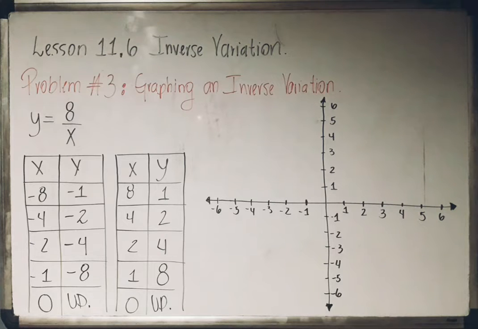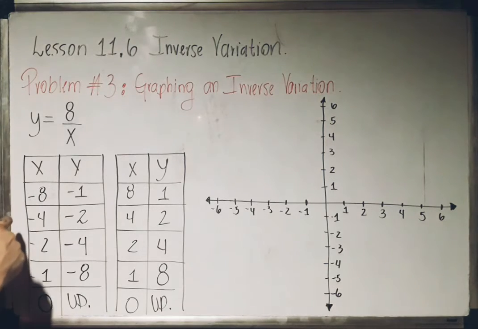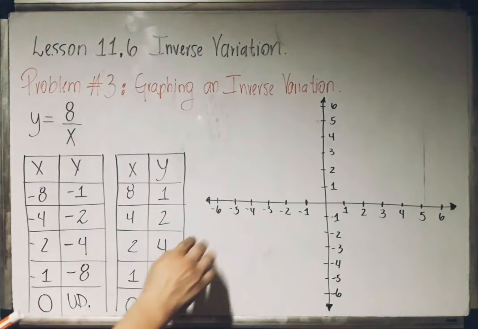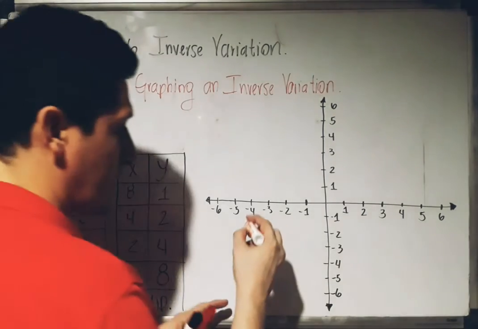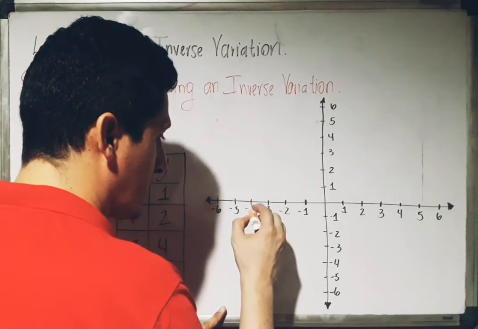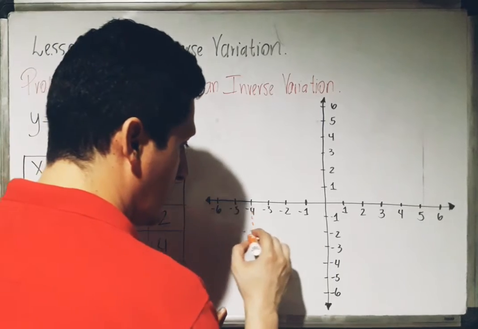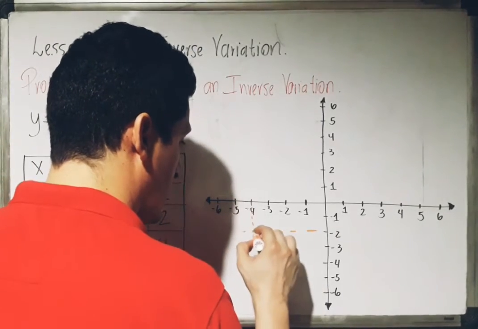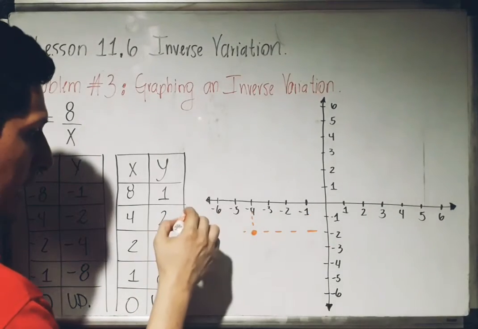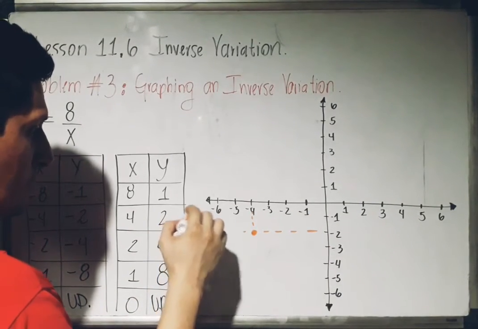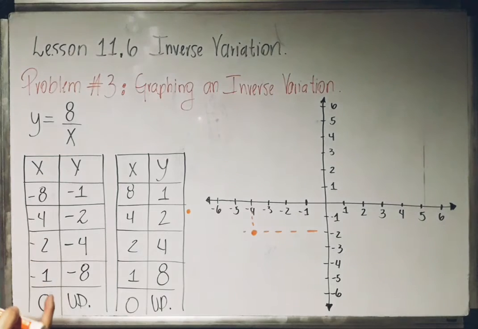We are going to do the graph on the negative side first. It's going to be negative 8 with negative 1. I don't have that value here, but I have negative 4 and negative 2: negative 4 on x and negative 2 on y.